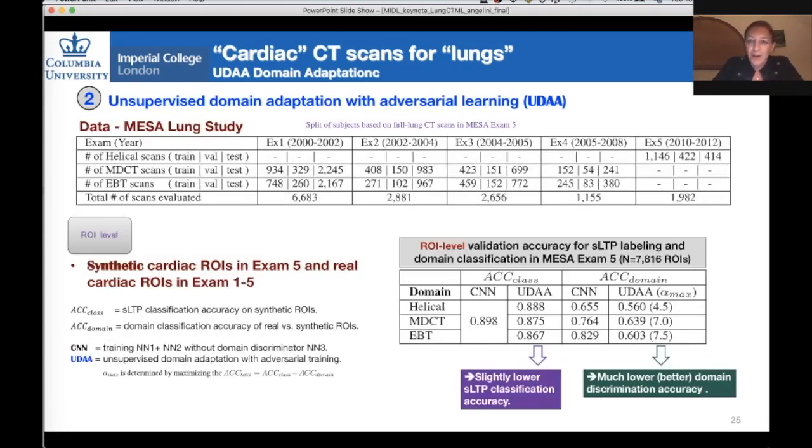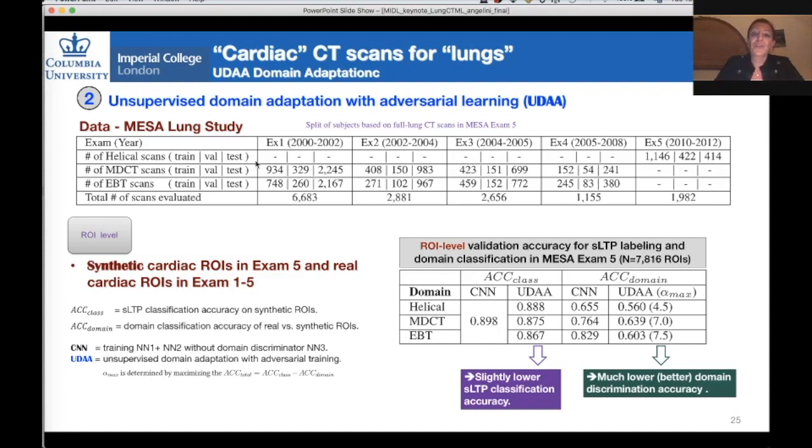All right, so the data we worked with is detailed here. The split for the training, validation, and test set was based on the full lung CT scans available in the MESA exam 5. Once we had split our subjects into training, validation, and test set, we selected the same subjects and their cardiac scans available across the different generations of exam from 1 to 4.